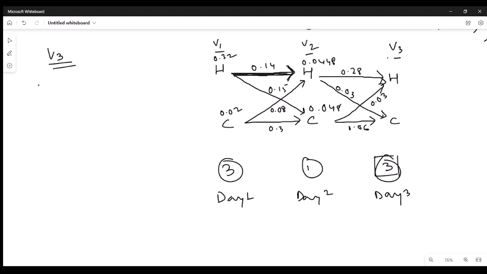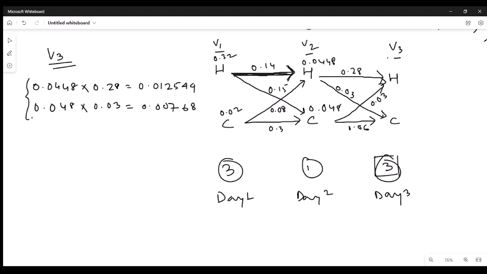Here the value of V2 being hot is 0.0448 into H to H gives the value 0.28, and for V2 being cold is 0.048 into cold to hot gives the value 0.03, and this gives me the value 0.012544, and here it gives 0.00768.